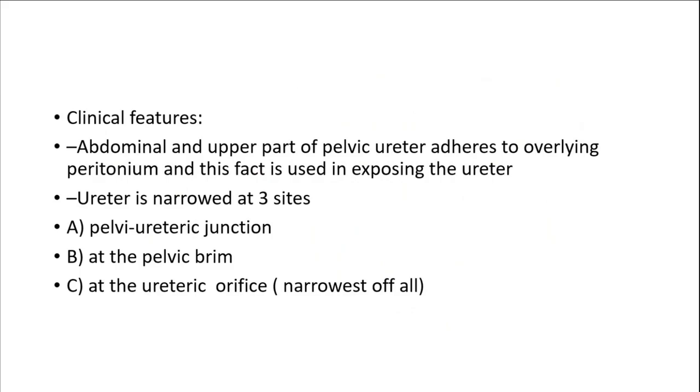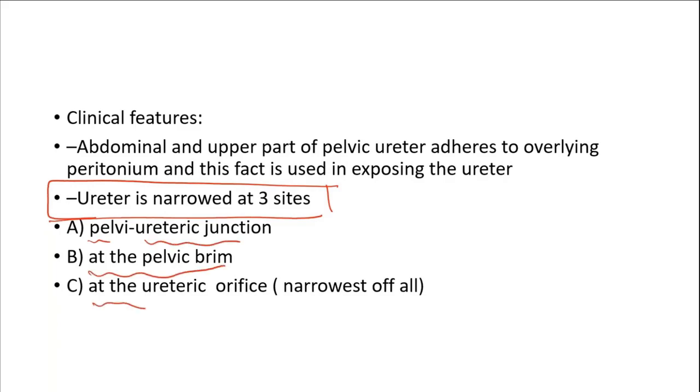There are 3 sites of ureter narrowing. This is important clinically. The ureter narrows at the pelvic-ureteric junction, at the pelvic brim, and at the ureteric orifice.